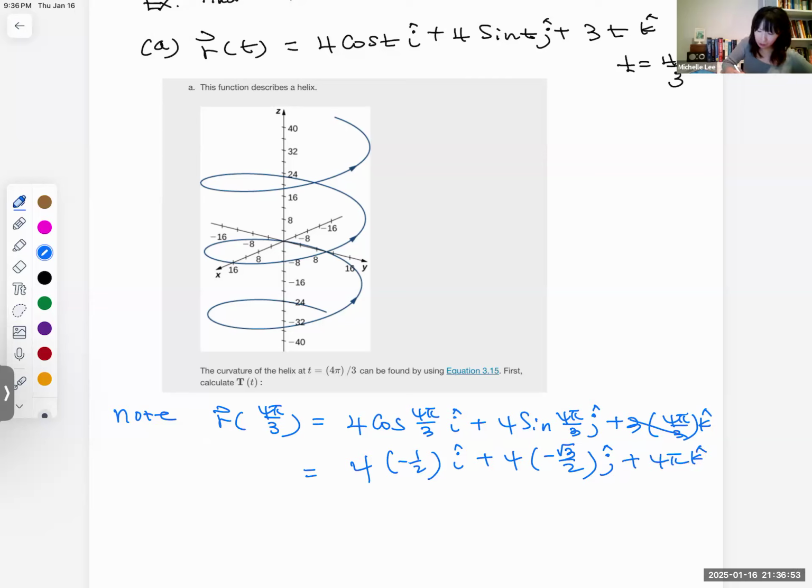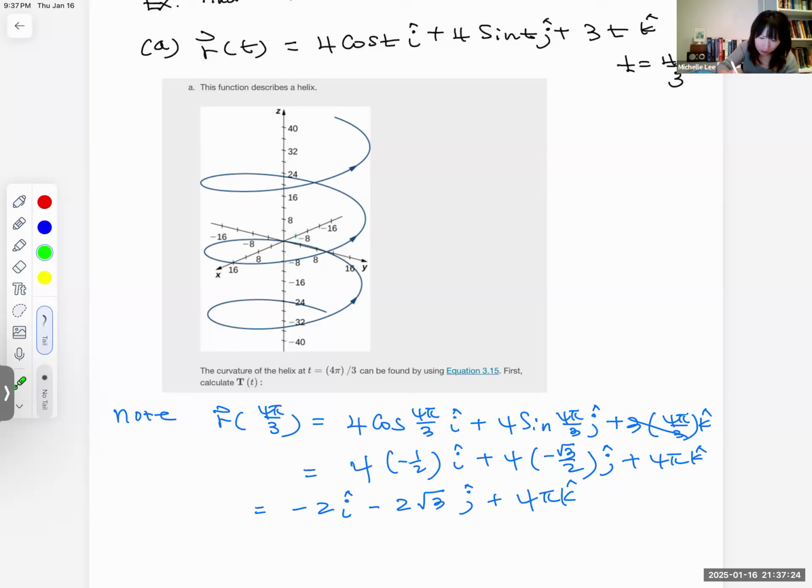So let's just simplify. So we get negative 2i minus 2 square root of 3 j plus 4 pi k. Yeah. So approximately, that scale looks like this is 4, right?